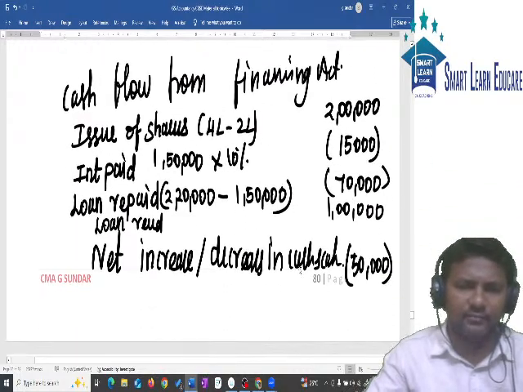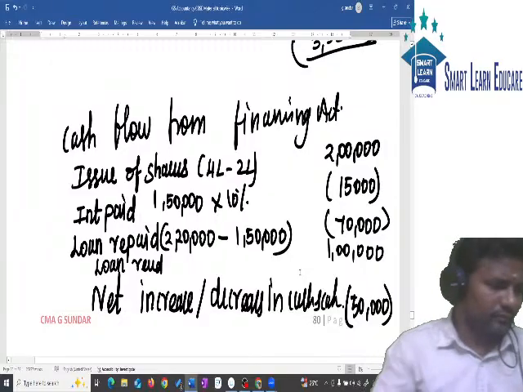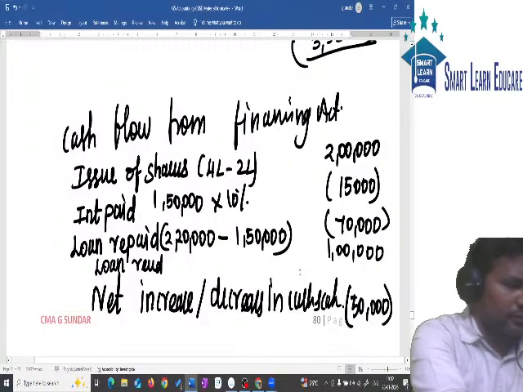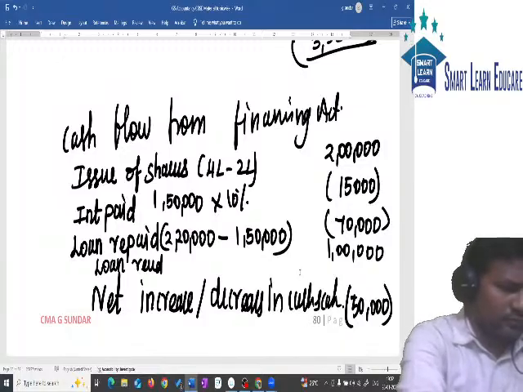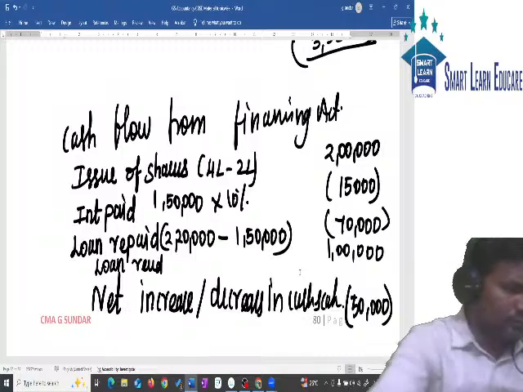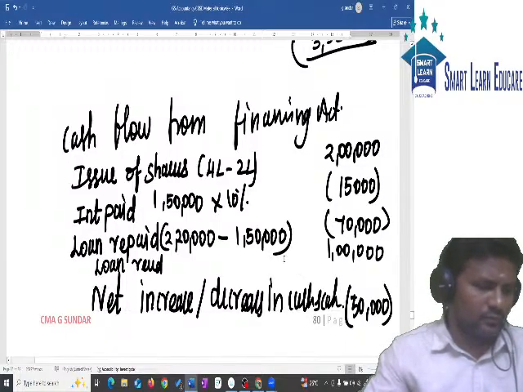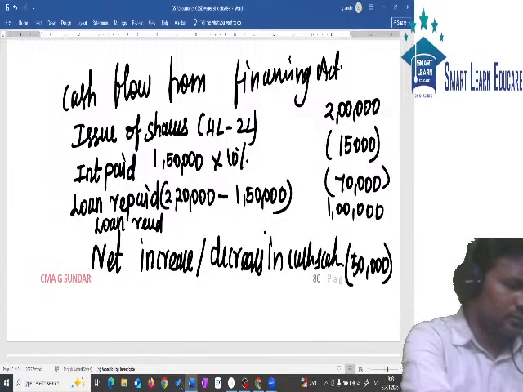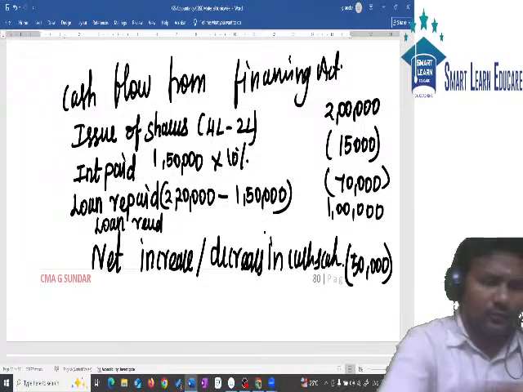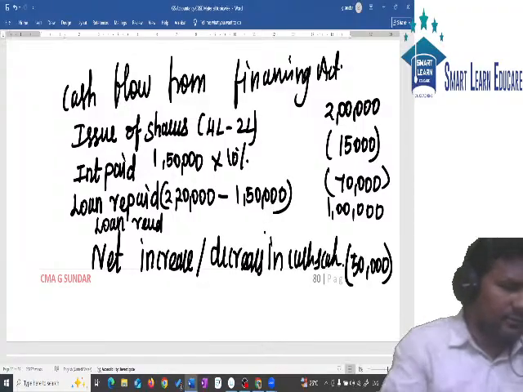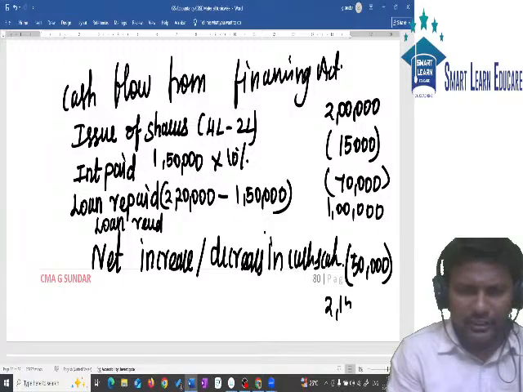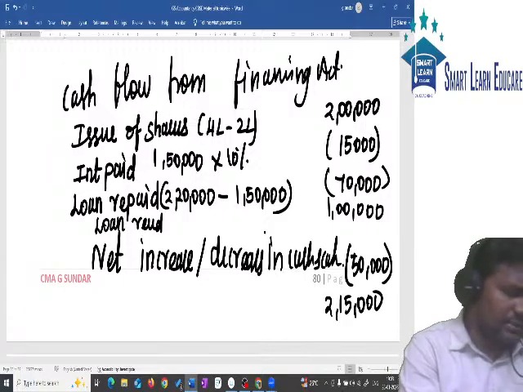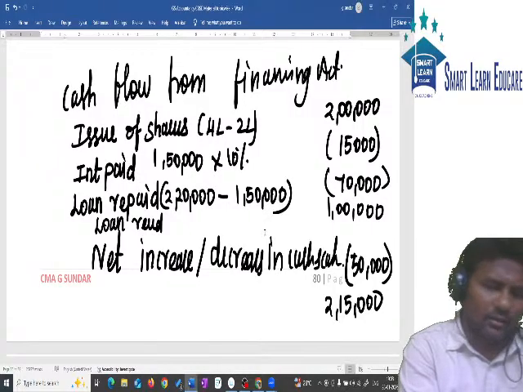Next financing activity net answer enna? Financing activity oda final answer 2 lakhs 15,000 correcta. 2 lakhs 15,000 inflow or outflow, it is 2 lakh plus minus 15,000 minus 70,000 plus 1 lakh minus 50,000.